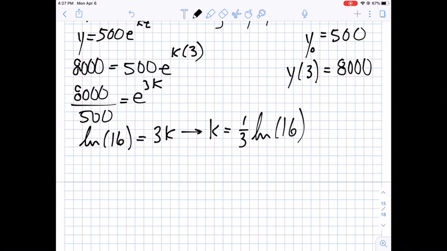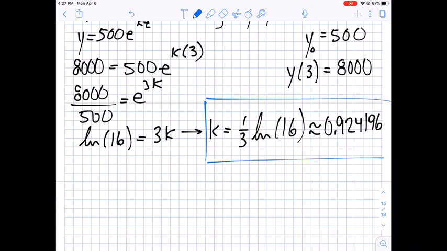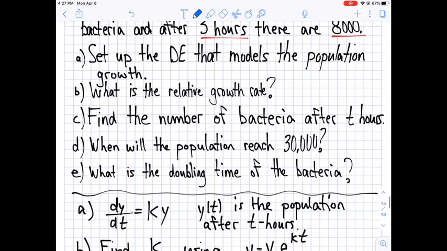And this value is approximately equal to 0.924196. And so that is our relative growth rate.